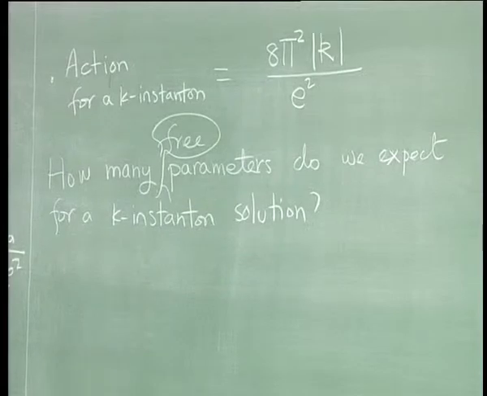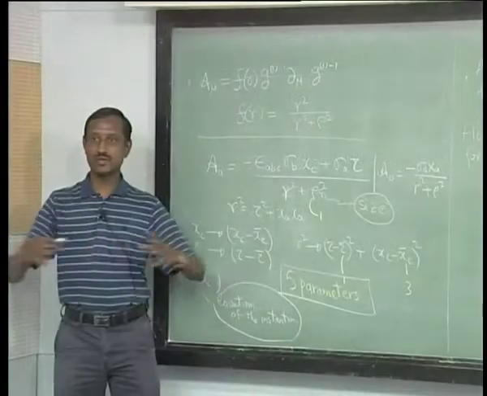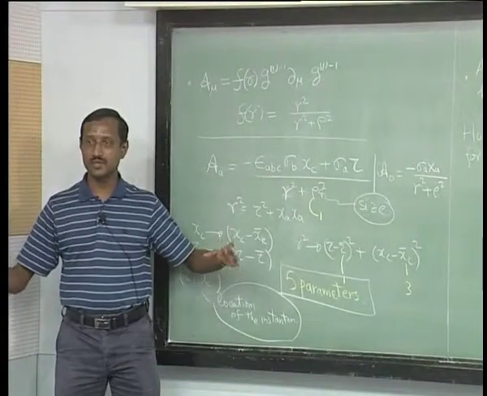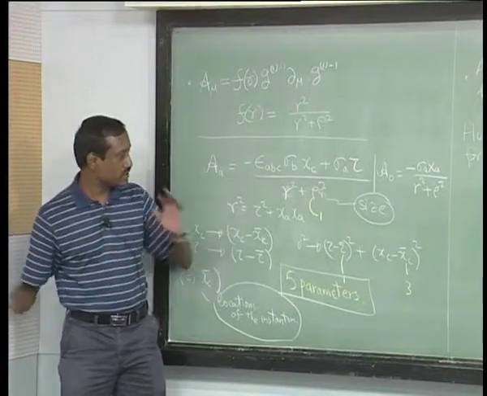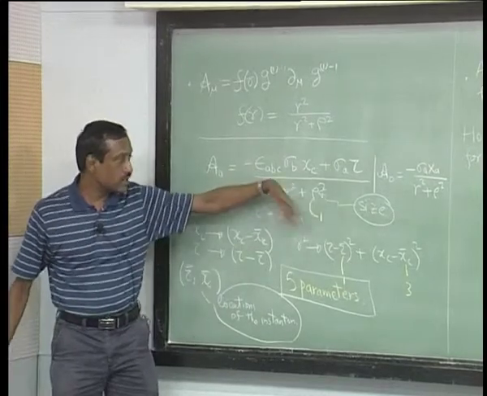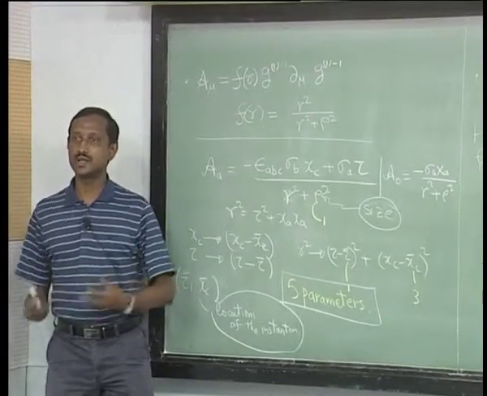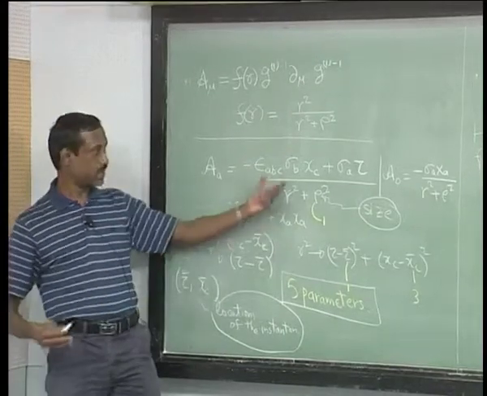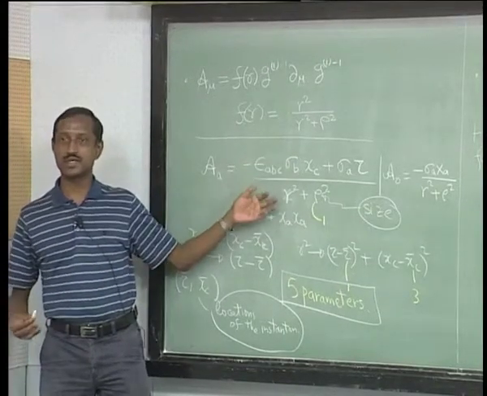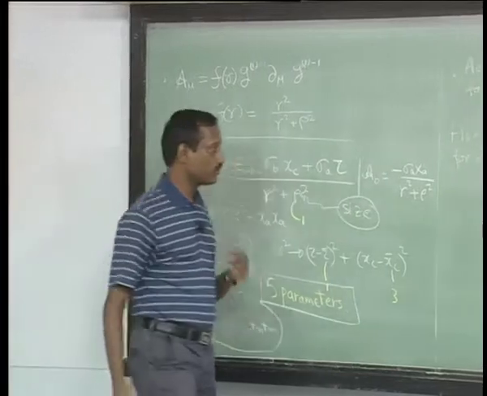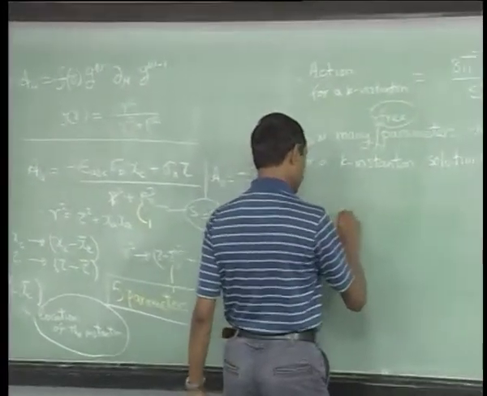Roughly, here we had an interpretation: this breaks translation in space and time, and there is also the scaling symmetry which is broken. There are other symmetries which might lead to gauge transformation. So they are still a symmetry of the solution, even though it might change the form; you can show it is a gauge transform of the same thing. So let us do the counting for 2 instantons.